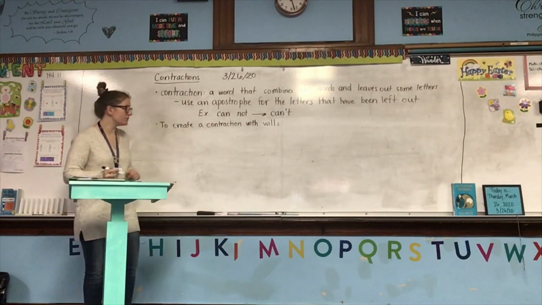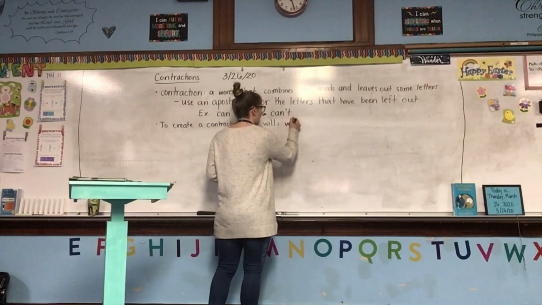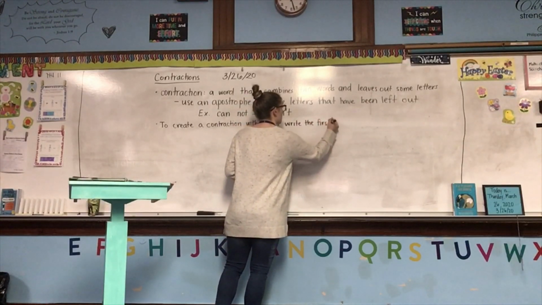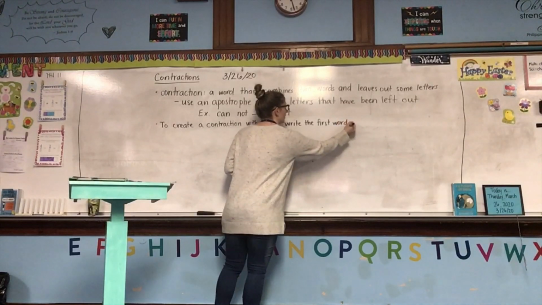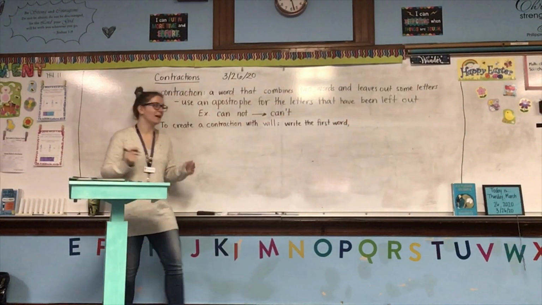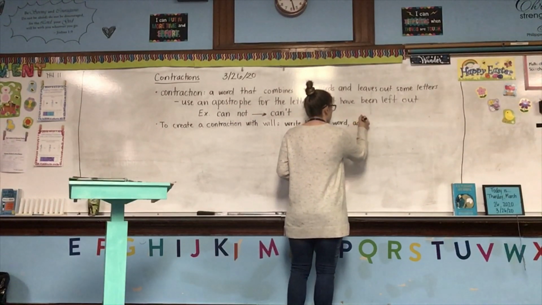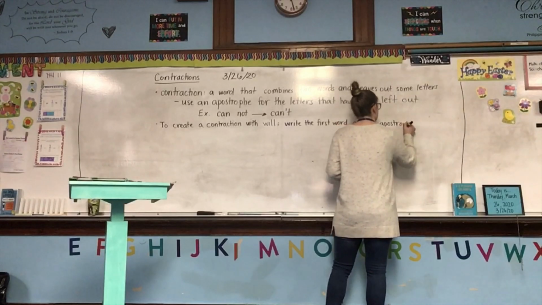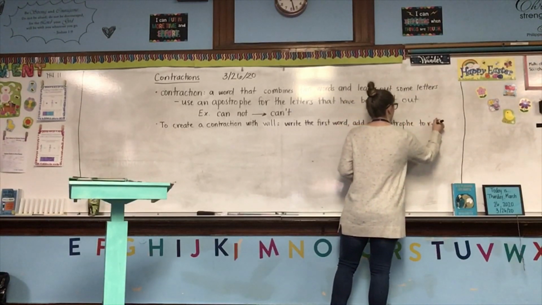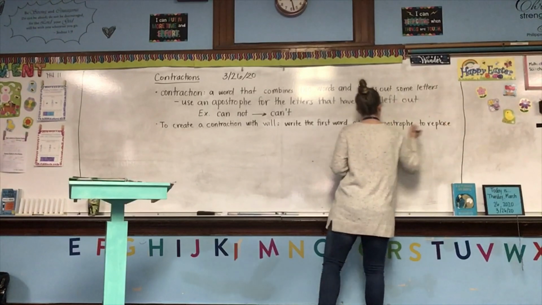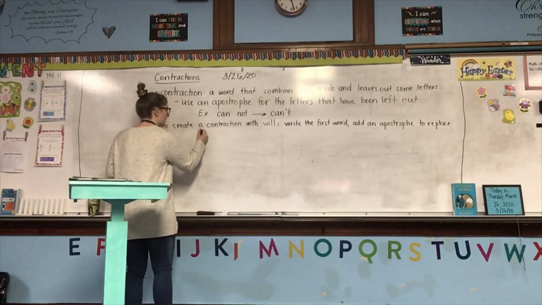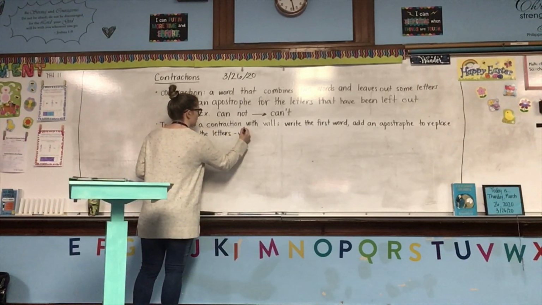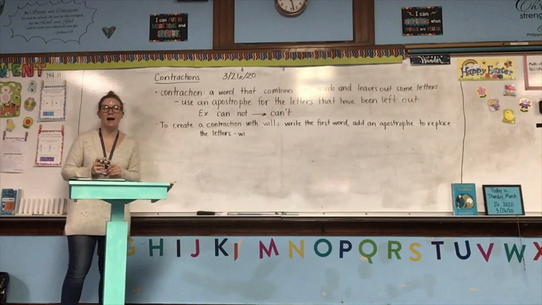So first, what you do is write the first word, whatever it is, then add an apostrophe to replace the letters. So this time we're replacing more than one letter because we're replacing the letters W-I in will.